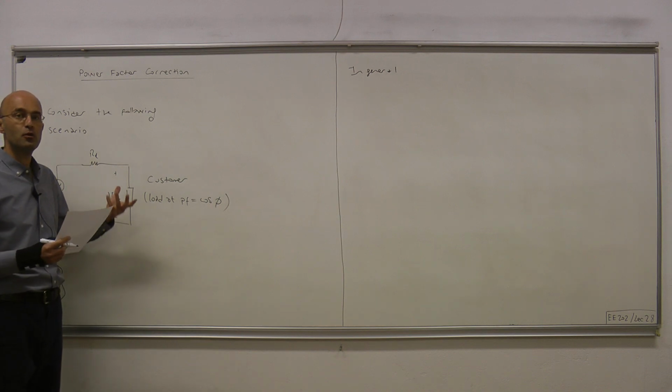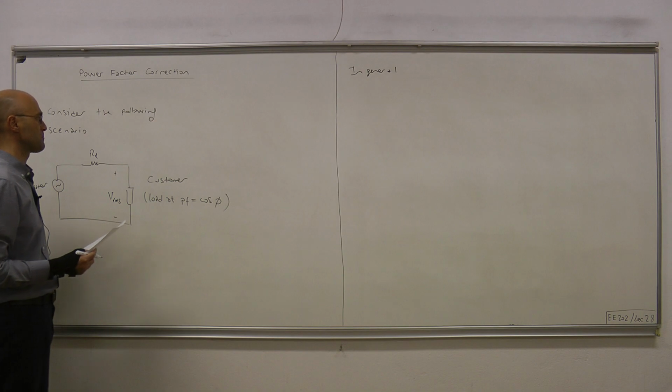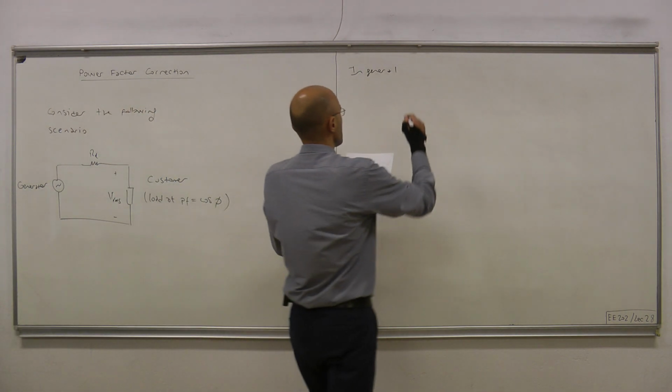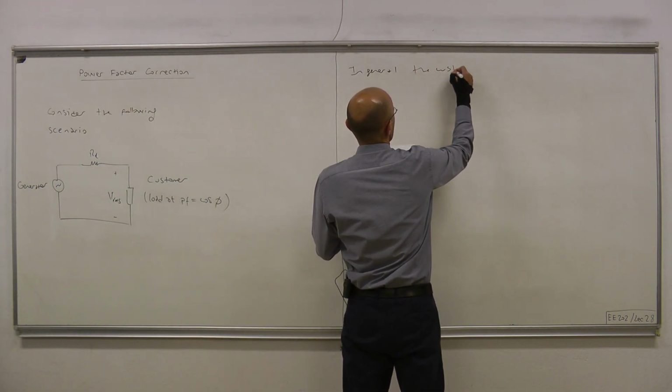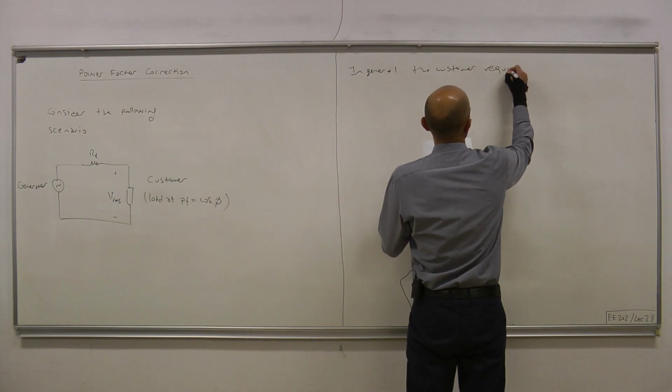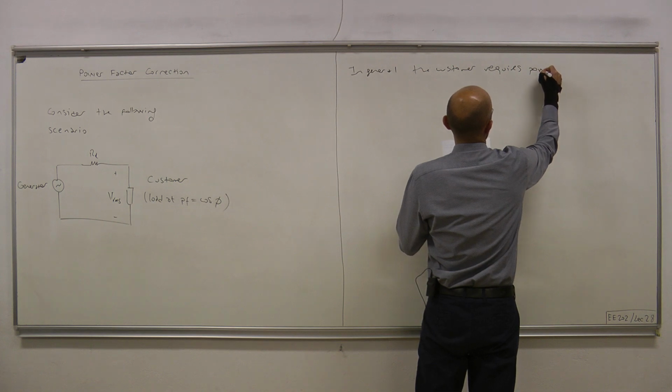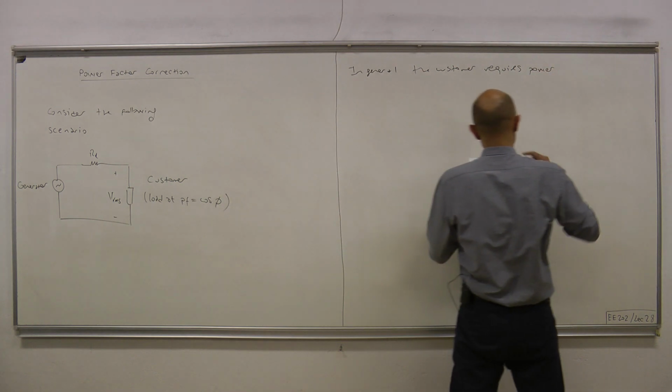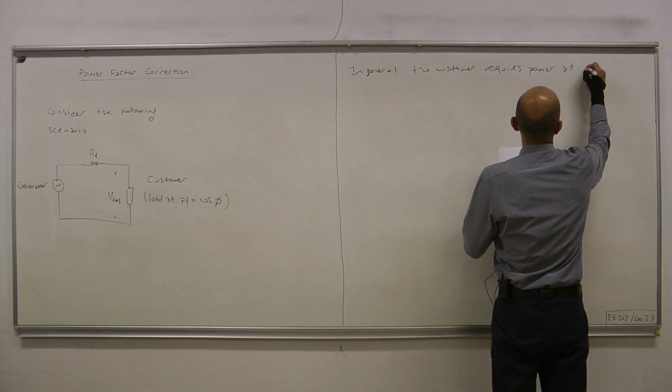Let's say 220 volts RMS. So in general, the customer requires power at a specified voltage.